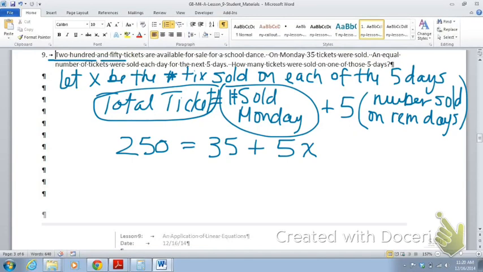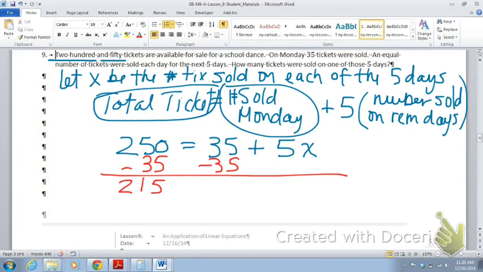So to solve this equation, let's subtract off those tickets from Monday. So there were 215 sold. I like to write that in purple just to show that we're rewriting that equation. 215 sold on those 5 remaining days, so that's 5x.